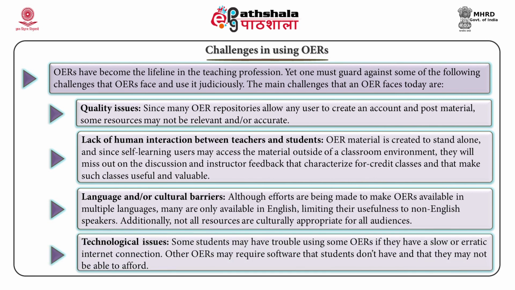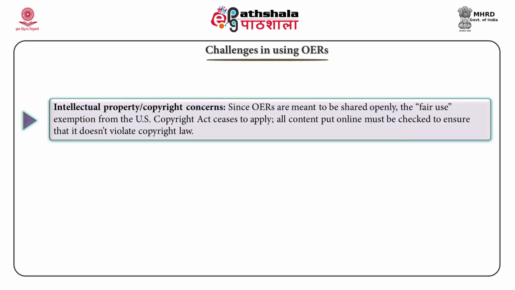Technological issues. Some students may have trouble using some OERs if they have a slow or erratic internet connection. Other OERs may require software that students don't have and may not be able to afford. Intellectual property or copyright concerns. Since OERs are meant to be shared openly, the Fair Use exemption from the US Copyright Act ceases to apply.